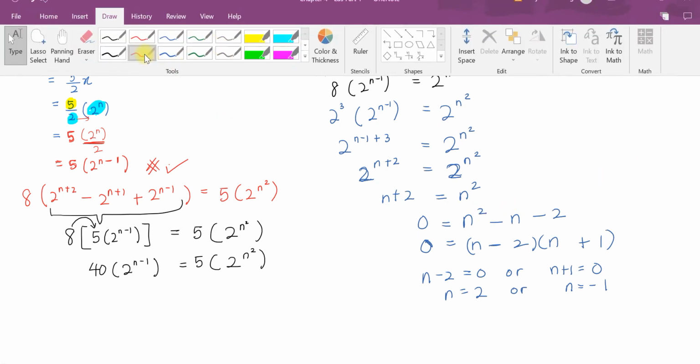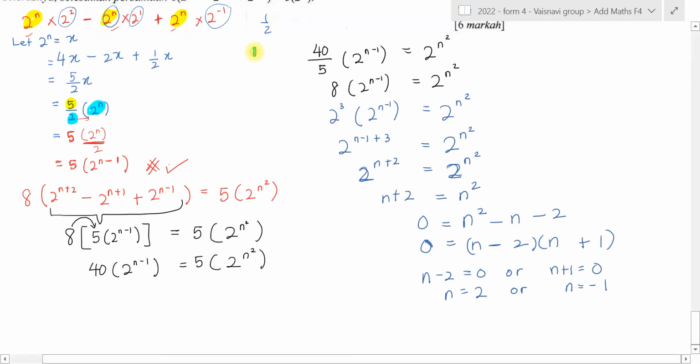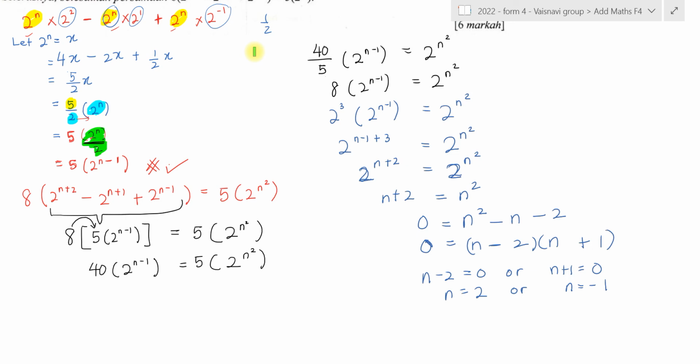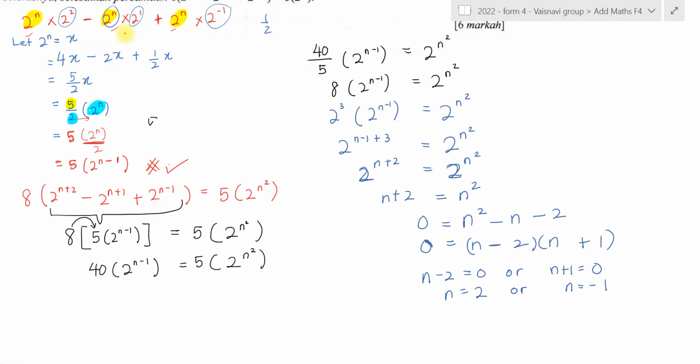You are talking about this part, right? How does this come about? Very simple. 5, 2n divide 2 power 1, correct?